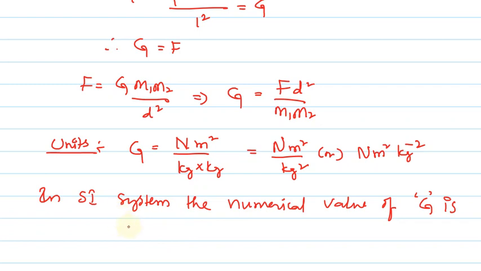This value is given as 6.67 into 10 to the power minus 11 newton meter square per kg square.